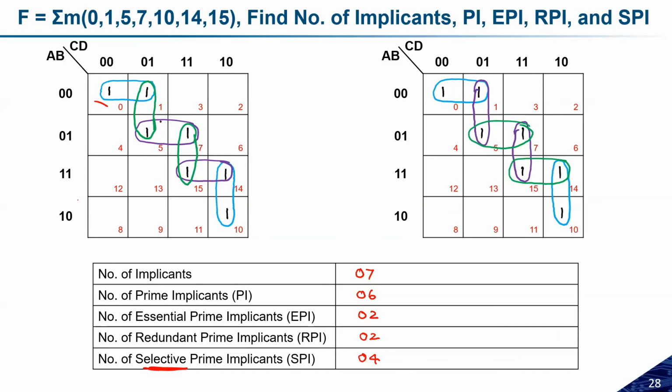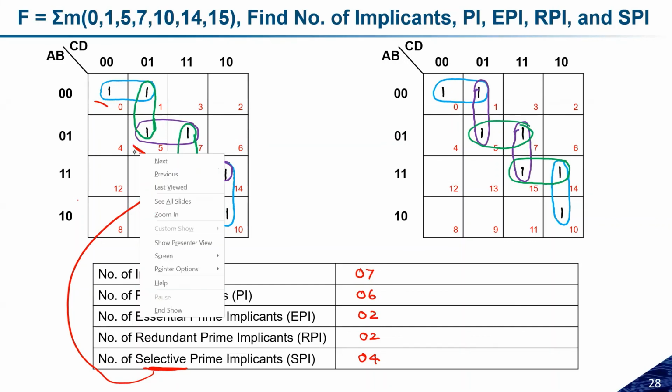So the selective one is required to cover all the ones. After the selective ones, how many other pairs can we make which are not required? Those are the redundant ones. After considering the selective one, in any K map I need only two. That is why it comes to 2.